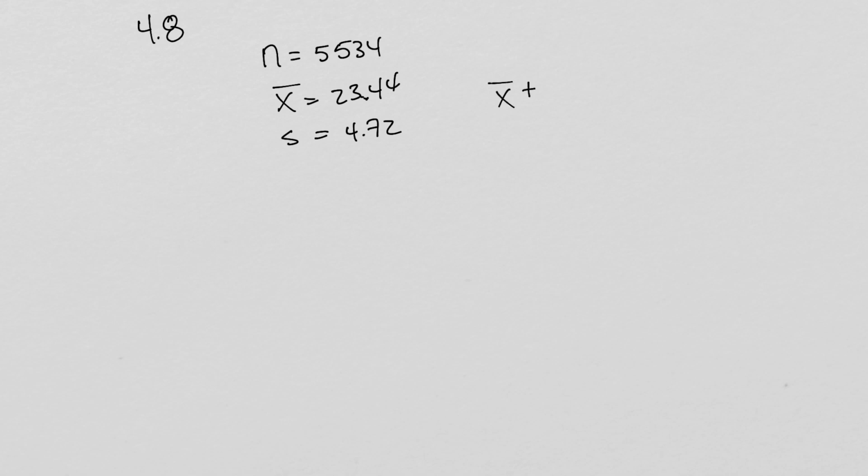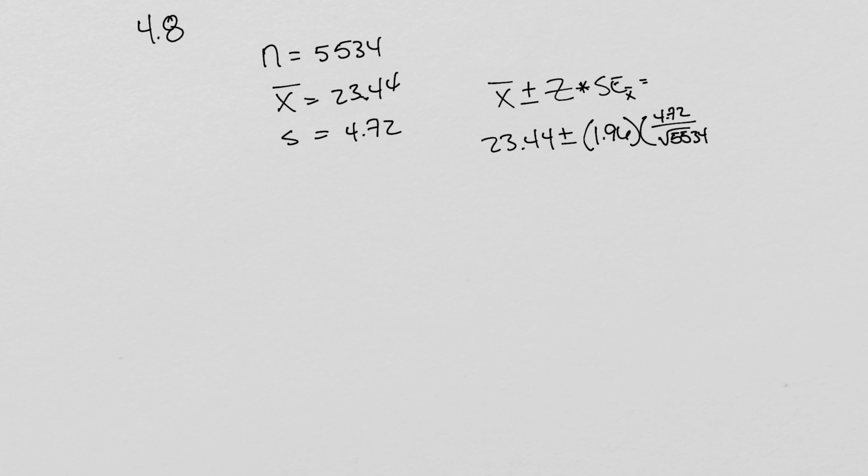It's to get our standard 95% confidence interval, z-score, right, times the standard error of that mean. And so this is 23.44 plus or minus 1.96 multiplied by 4.72 divided by square root of 5534.